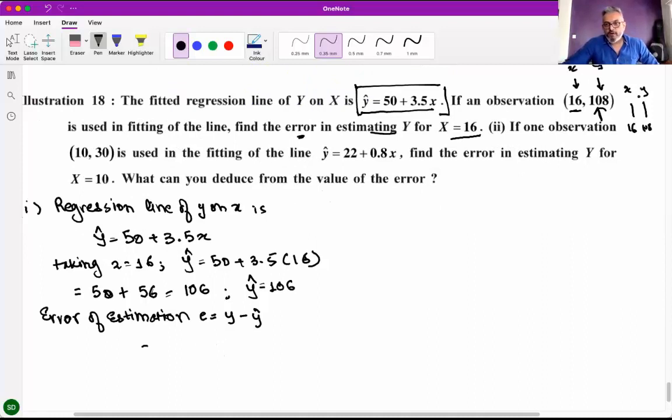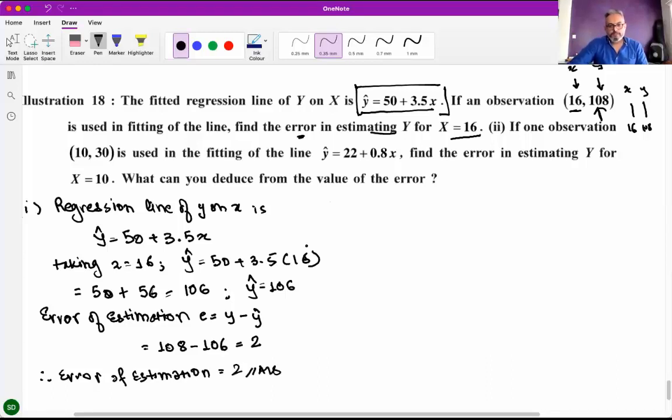Over here the historical data says that when x is 16, y is 108. But our prediction says it will be 106. So what we get is 2. Therefore error of estimation is equal to 2. Answer. First part over.